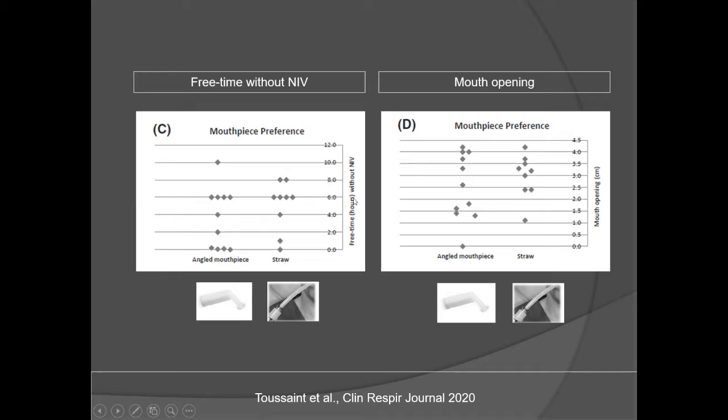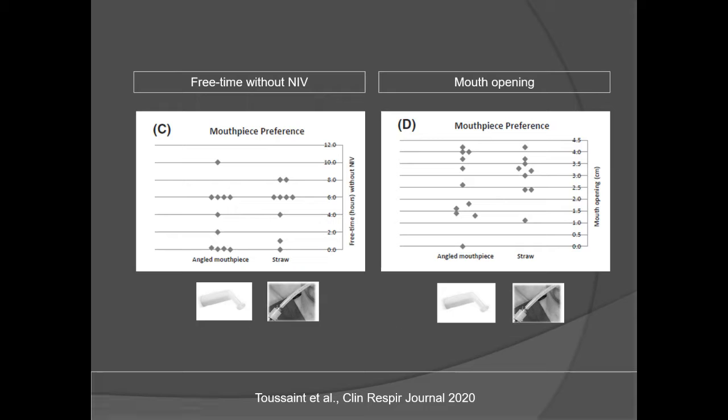If patients have, for instance, 6 hours of free time, we had the same amount of patients preferring the straw as preferring the angle mouthpiece, and there was no difference according to their free time without the mouthpiece.